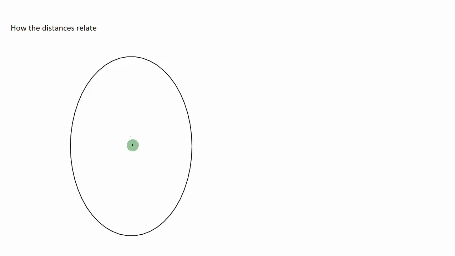So we have our center, and from our center we have the endpoints of the minor axis, we have the vertices, and we have the foci, maybe like right here. So this is our center, this is an endpoint of the minor axis, this is a vertex, and this is a focus. And similarly the others could be labeled the same. Now we're going to get three distances.